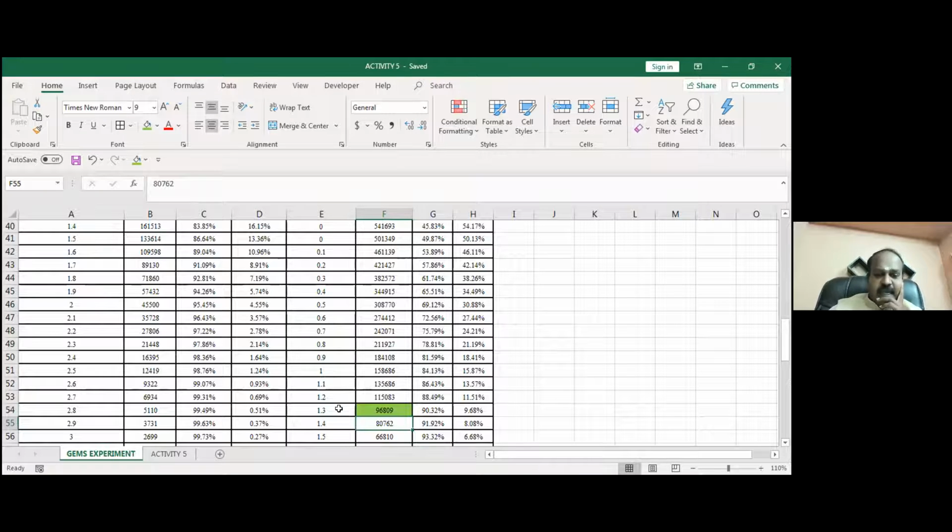That means our sigma level is between 1.3 and 1.4. So 95,000 is slightly below 96, so I will say it is 1.32 or something. But accurately also we can calculate. Once the DPMO is calculated, sigma level is calculated. When sigma level is 1.3, this 1.3 is long term. So look at the left side.